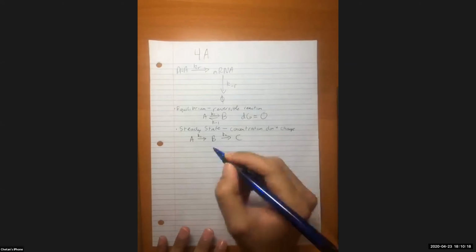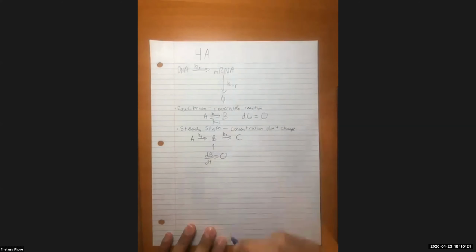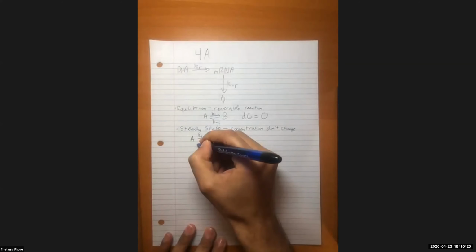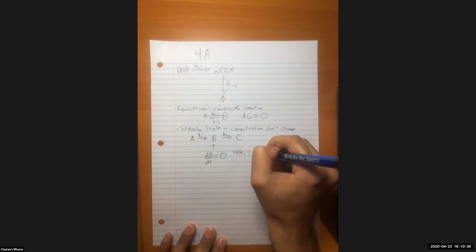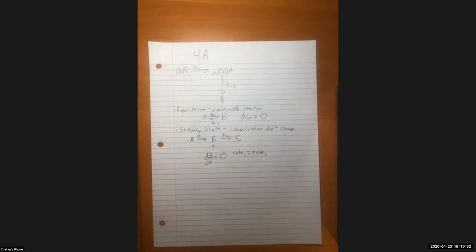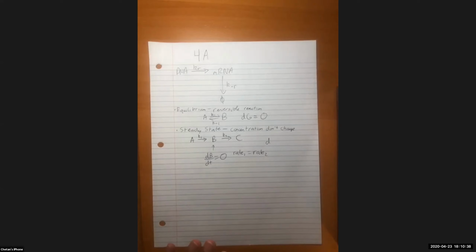What steady state is saying is that the change in this intermediate over time will be 0, meaning rate 1 going from A to B will be equal to rate 2 going from B to C.